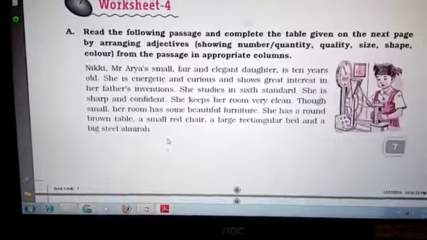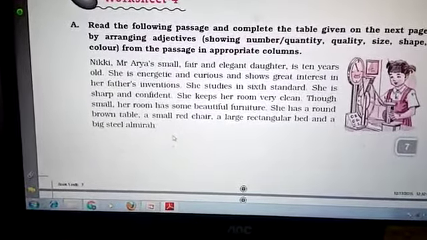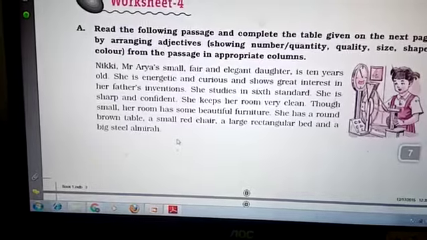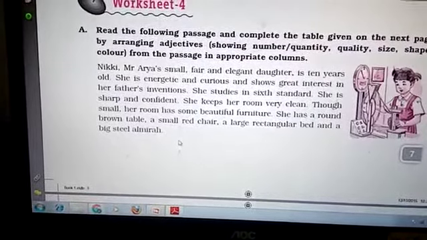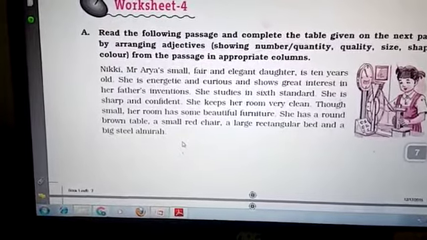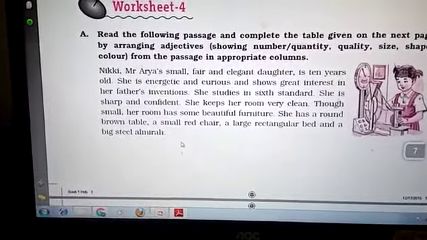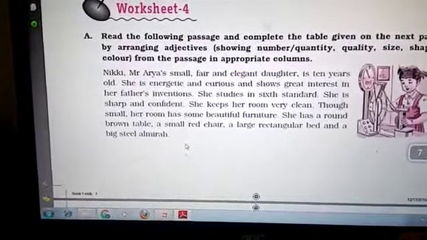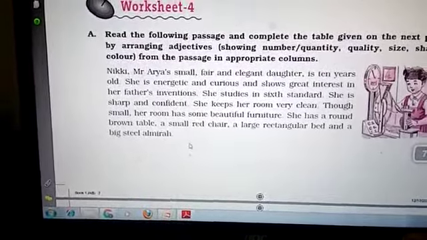Daughter is the noun, and small, fair and elegant describe it. Small shows the shape, fair shows the quality, elegant also shows the quality of the daughter. Is 10 years old. 10 shows the number.